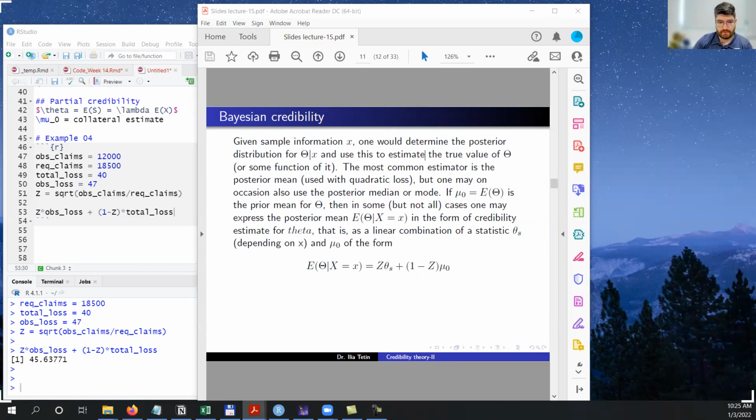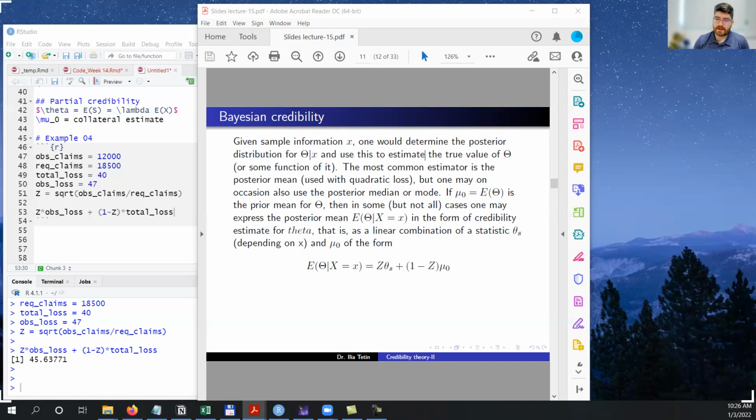So we are talking about Bayesian credibility here. In the Bayesian approach to credibility theory, we would summarize collateral information about the unknown parameter theta by means of a prior distribution. As such, we are really saying that the unknown parameter can be viewed as a random variable denoted by theta.